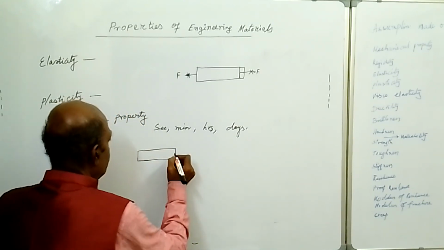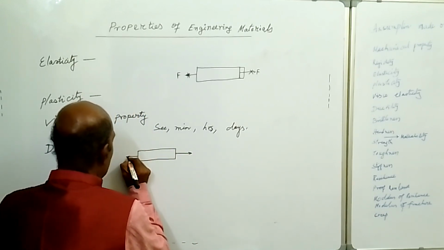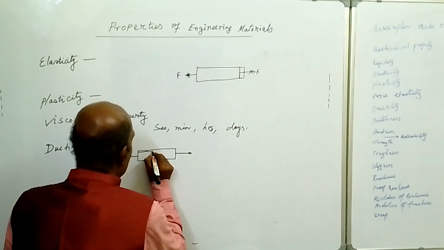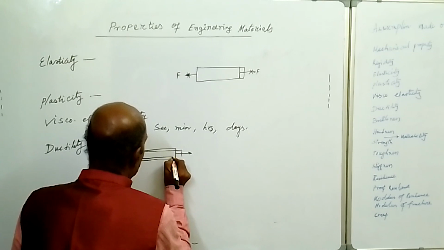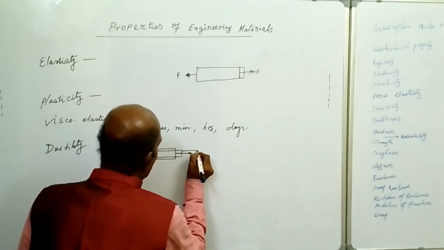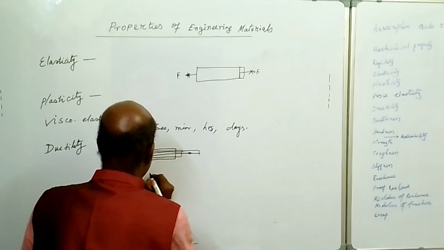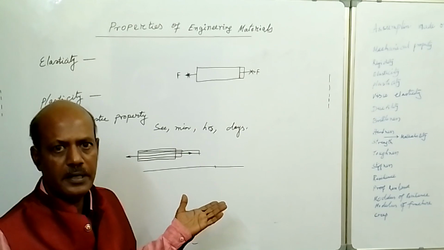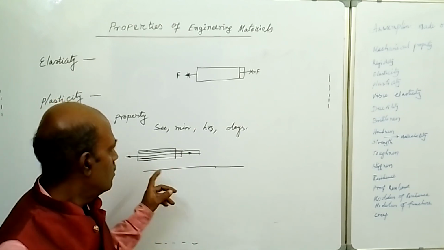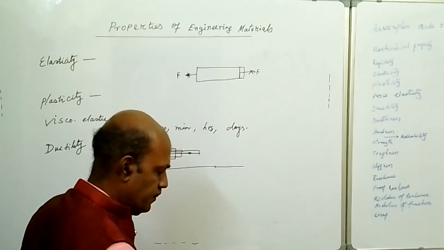If the body is under tensile load, the elongation of the member will take place if we carry on increasing the load. Under this load, the body will keep elongating to a thin wire without any crack formation. So this property is called ductility.